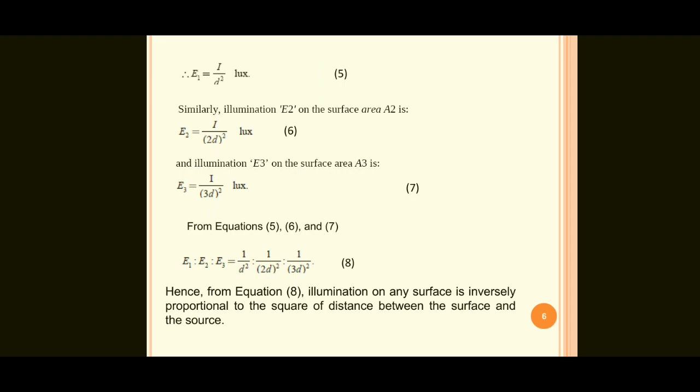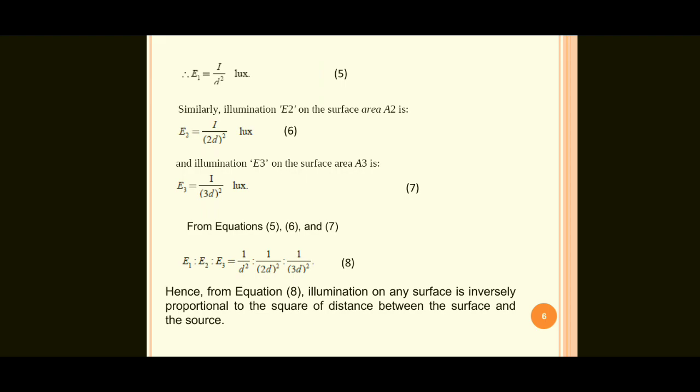And illumination E3 on the surface area A3 equals I by 3D whole square lux.